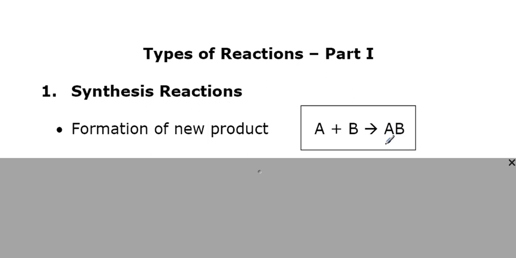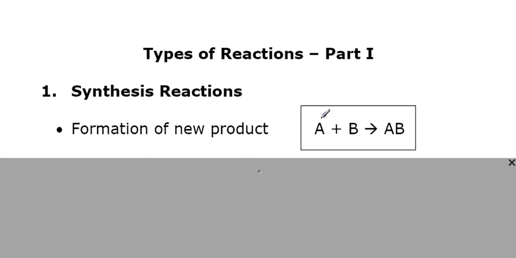In some cases, there are multiple, but we're going to focus on, for the most part, one new product being formed. Here, if we look up at the general formula, it says A and B. So whatever elements A and B are made up of, they all recombine into one new product.